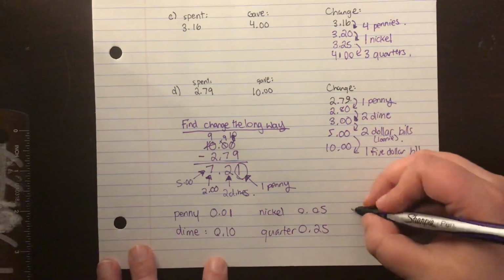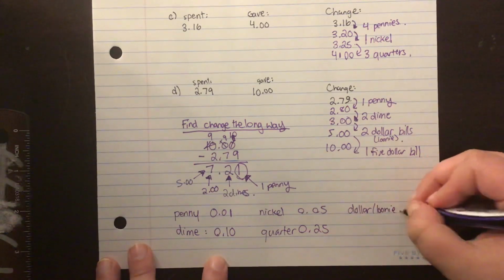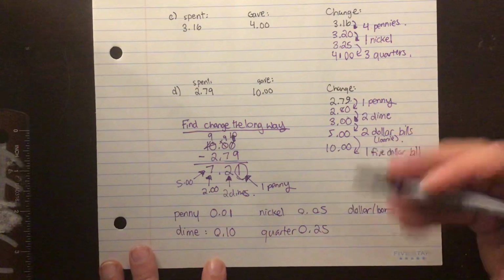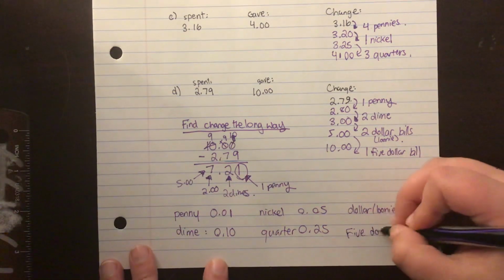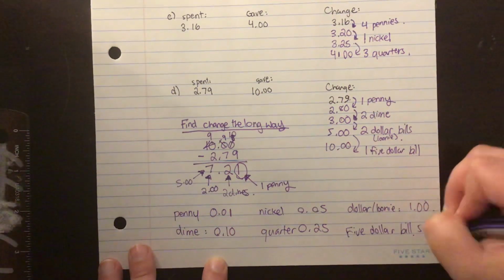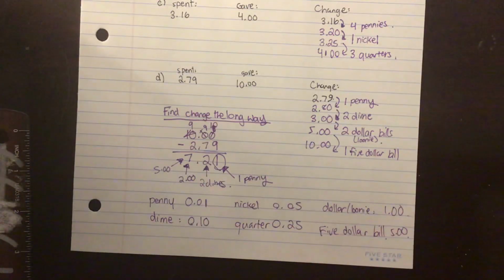And then we have our dollar, or loonie, worth $1. And because we're working with an American textbook, the next would be the $5 bill. Even though we have a toonie, we'll stick to the bills for now because that is what the book is going to require you to do.